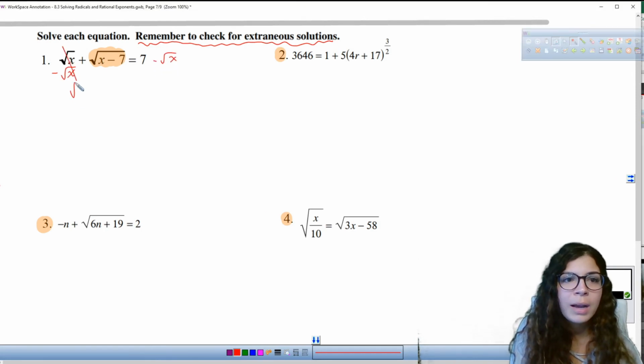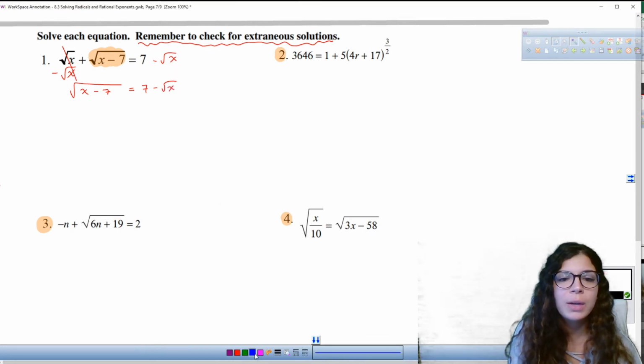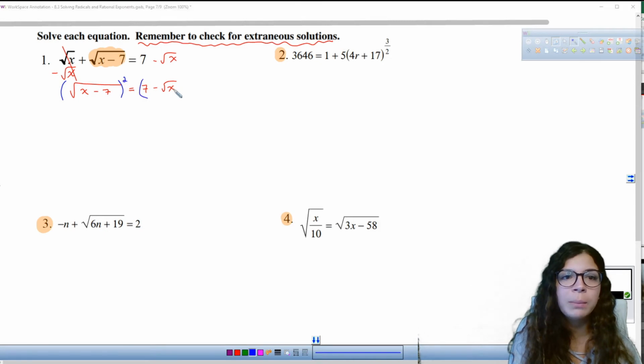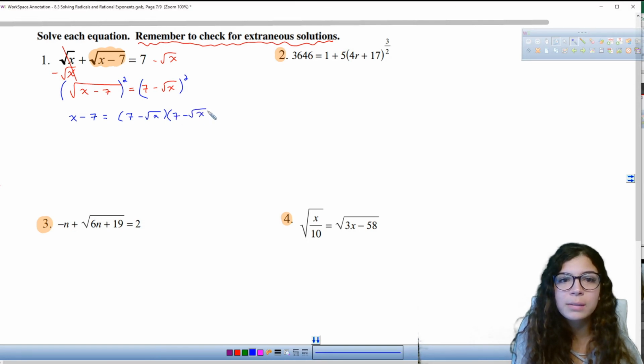Okay, so now I have the square root of x minus 7 equal to 7 minus the square root of x. Now I'm going to get rid of the radical by squaring both sides. So I have x minus 7 on the left, and on the right-hand side I have two copies, 7 minus square root of x times 7 minus square root of x.